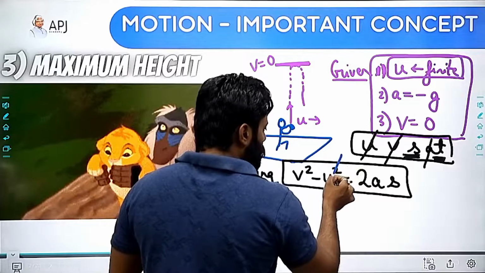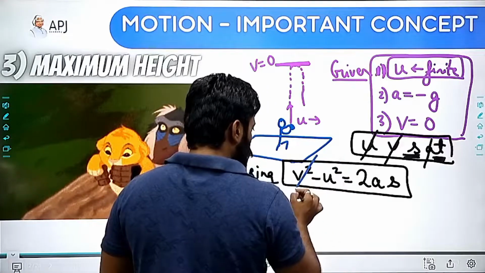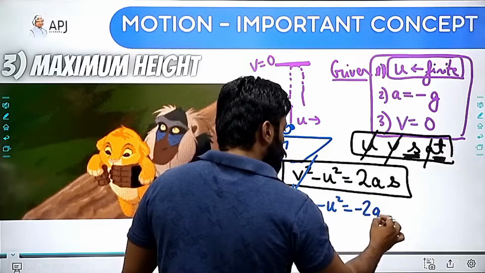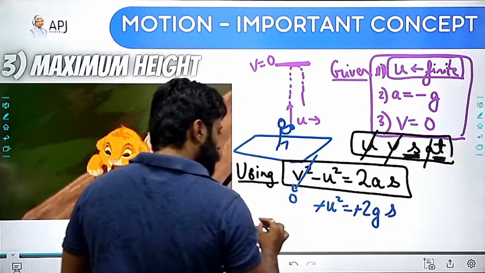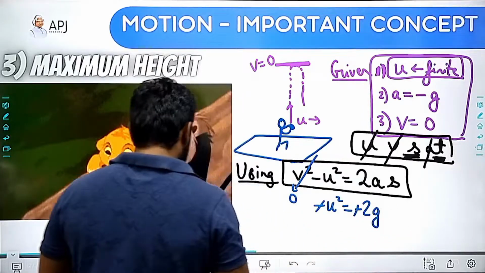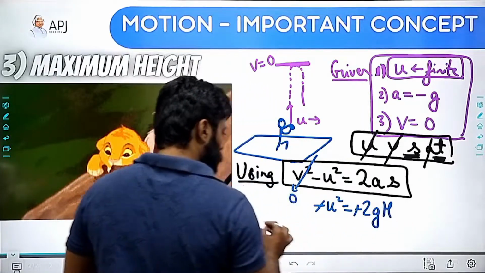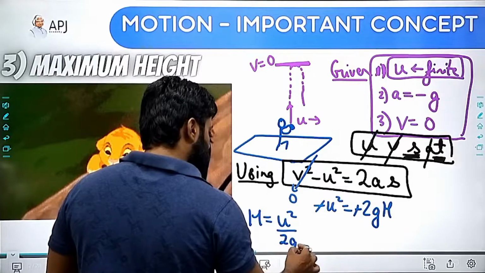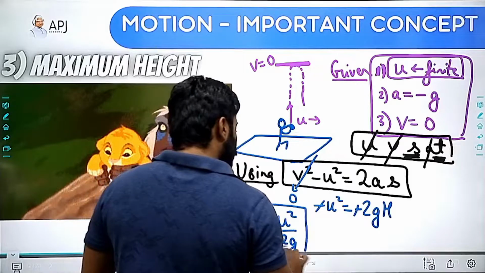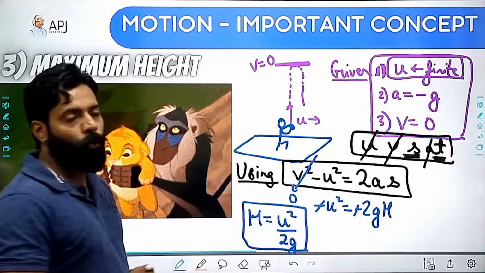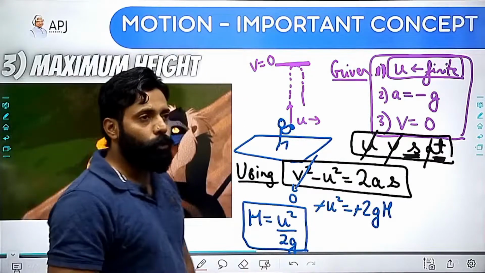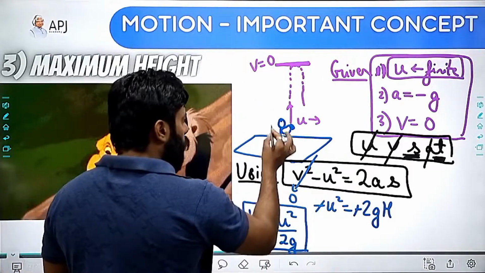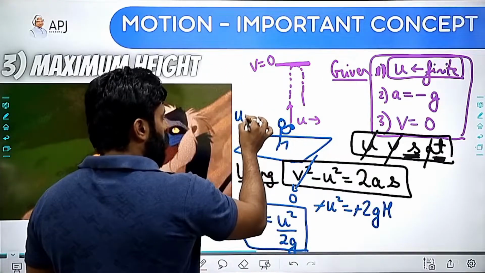I am saying that v is 0, so minus u square is equal to minus 2gs. This will give the height. So the maximum height that the object can attain, if it is thrown with a velocity of u, will be u square by 2g.